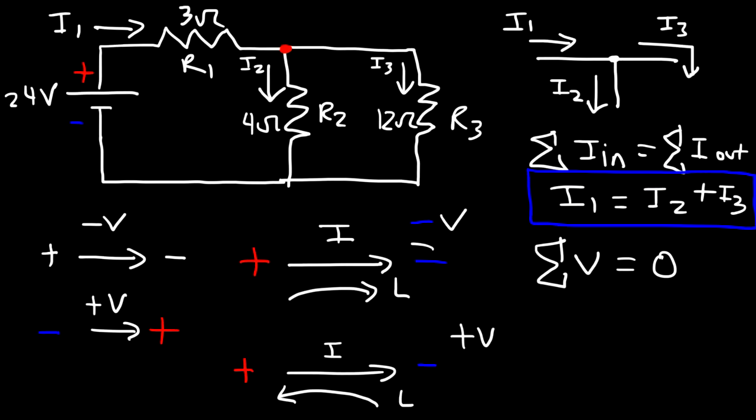If you're going towards a lower potential, that's associated with a voltage drop. And that makes sense. If you're traveling towards a negative sign, that should be associated with a voltage drop. If you're traveling towards a positive sign, we're going in that direction, that should be associated with a positive voltage or voltage lift.